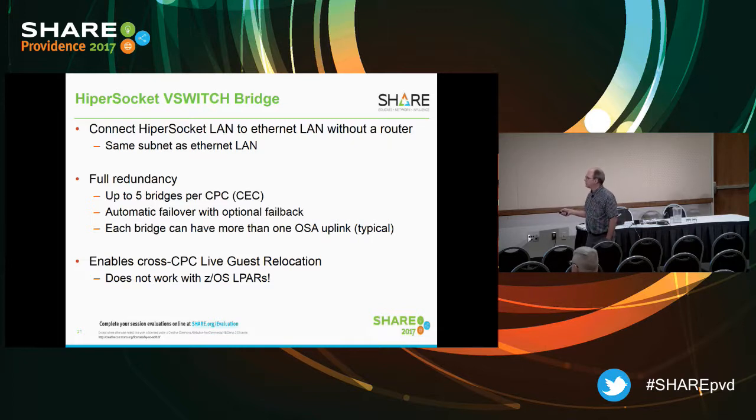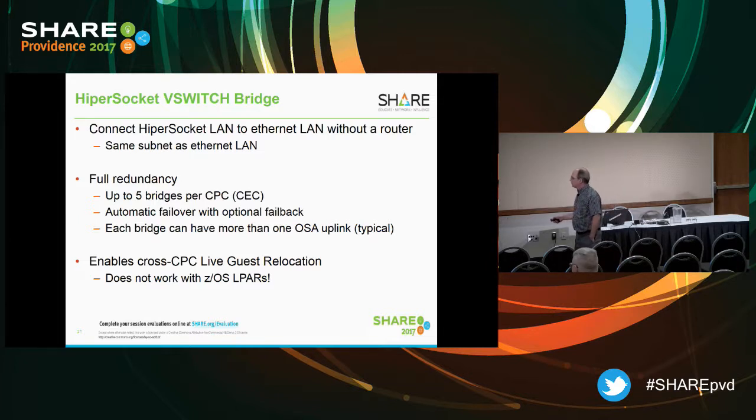I believe it's 5 bridges per HiperSocket per CAC, I can't remember. And as I said, that HiperSocket bridge can be fully configured with its uplink as a shared port group. Everything that the vSwitch can do is available to the HiperSocket bridge as well.